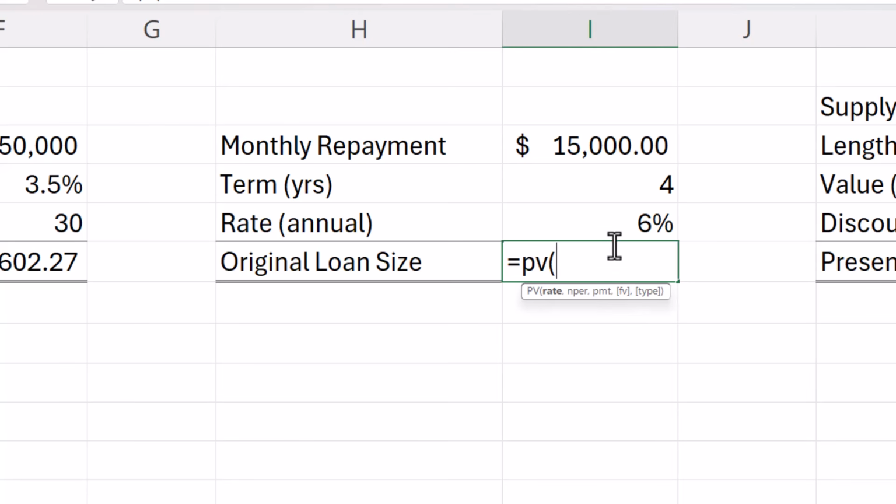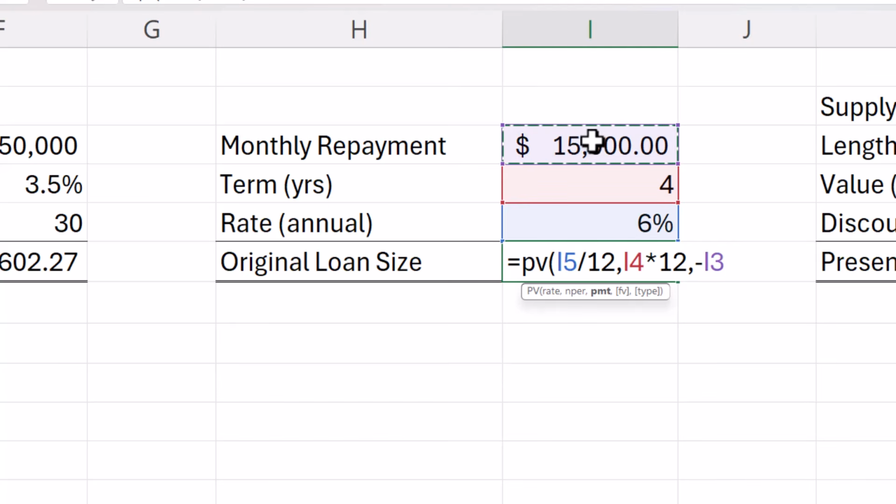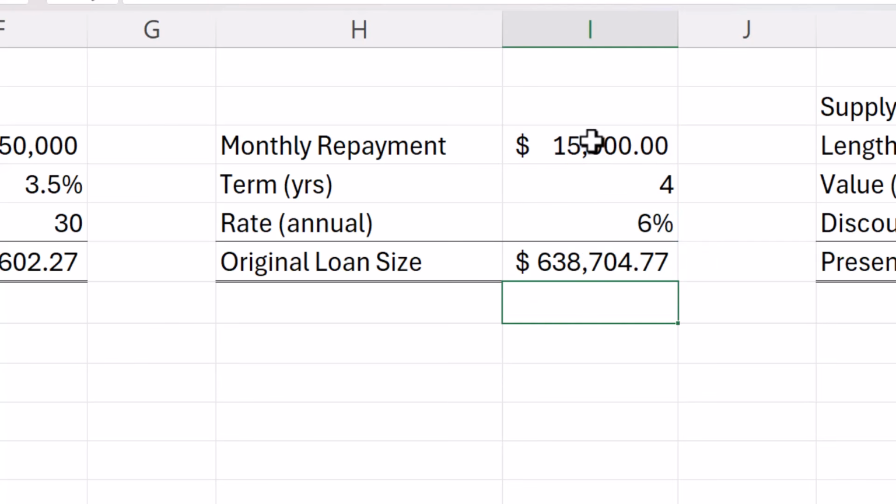Now the rate is going to be the annual rate divided by 12, because I'm making monthly repayments. Comma. NPER, number of periods, well, that's 4 times 12. Comma. Now payments are up here and that's got to be expressed as a negative value. Now if I close the bracket and press enter, that's the original loan size.